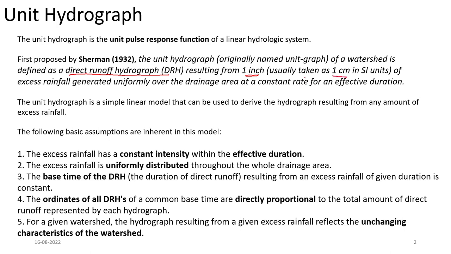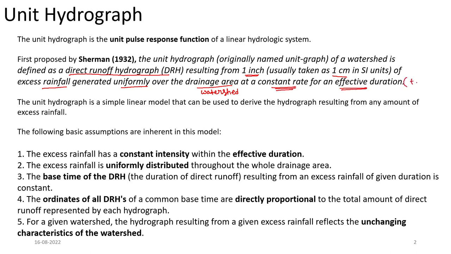So it is a direct runoff hydrograph resulting from 1 centimeter of excess rainfall generated uniformly over the entire watershed at a constant rate for an effective duration.